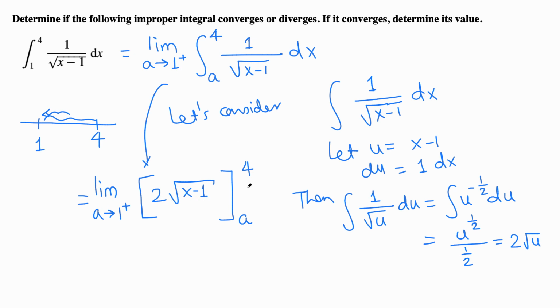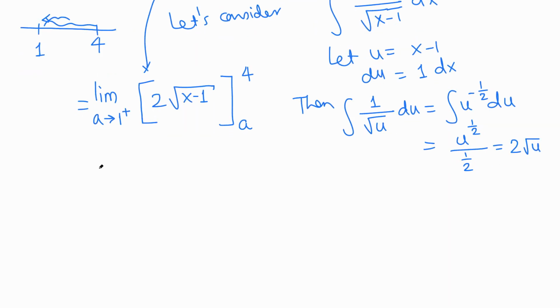These limits are now here, and we need to take the limit. Let's plug in x equals 4 and x equals a. The upper limit is 2 root 4 minus 1, that's 3, so 2 root 3, minus, now replace x by a, 2 root a minus 1.